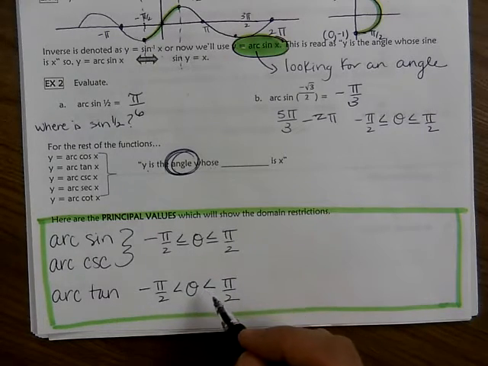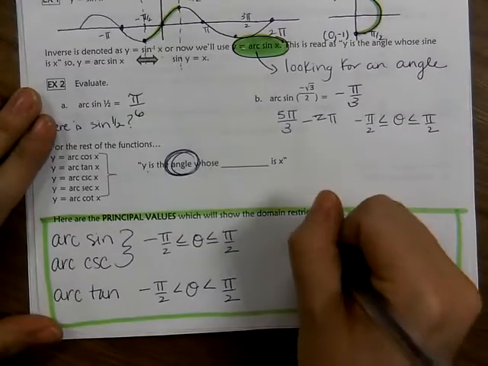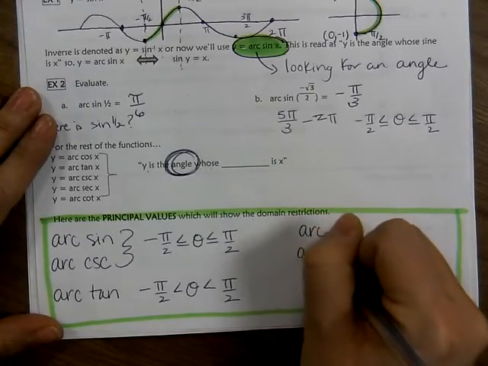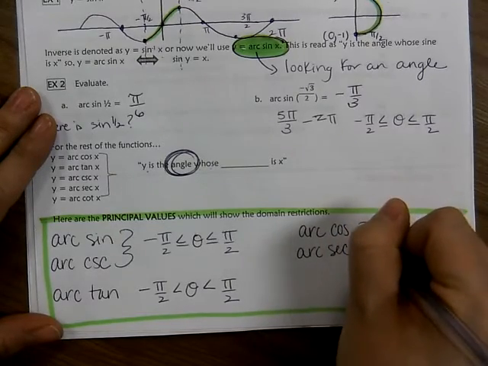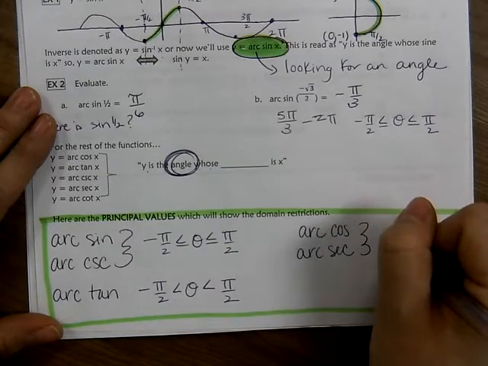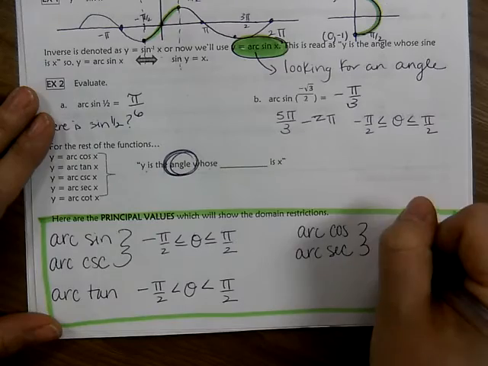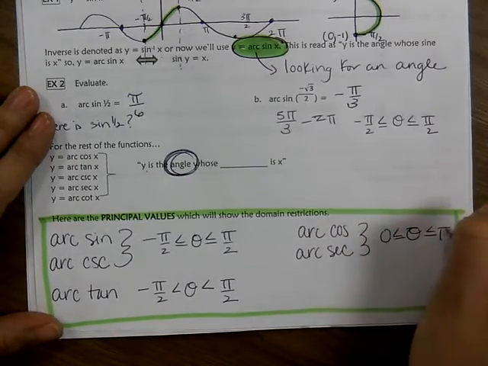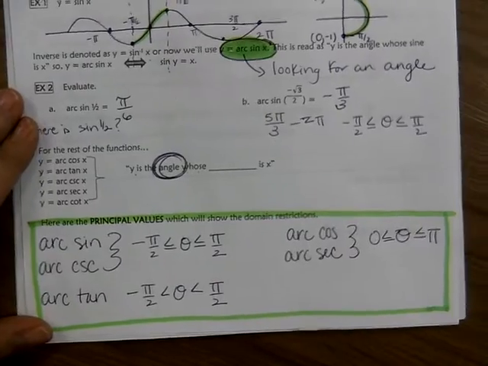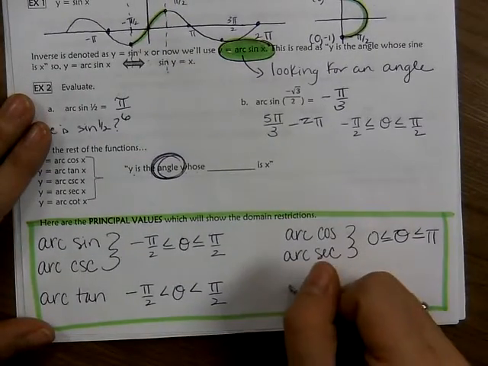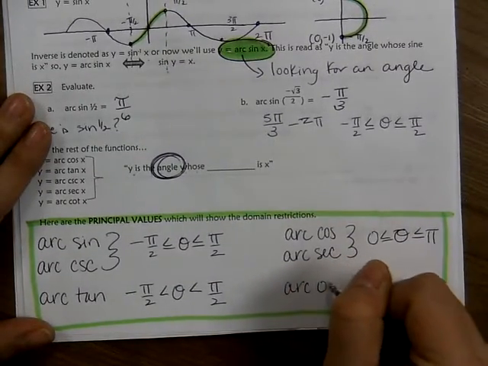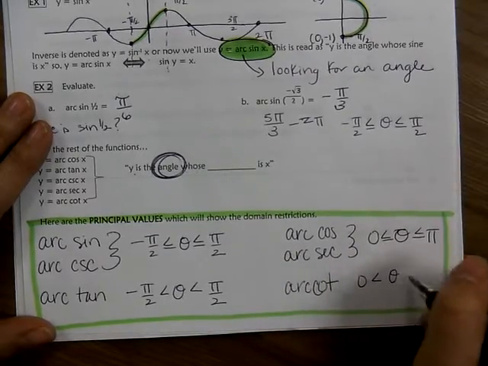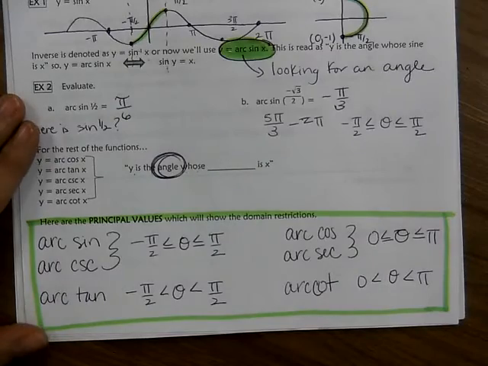That's it. Now the other set are cosine and arc secant. Those are defined from 0 to pi. Same idea with arc cotangent that goes with these, except cotangent is undefined at 0 and pi.